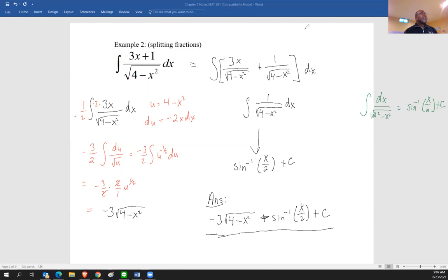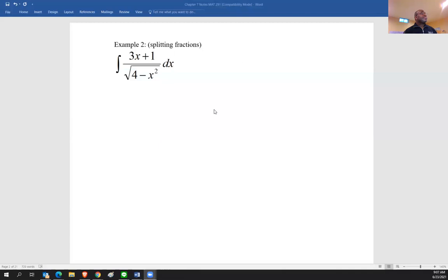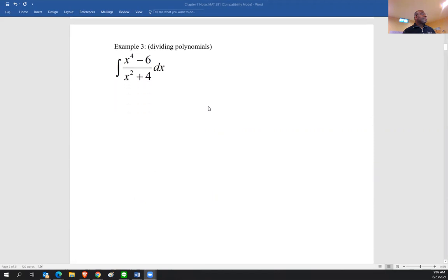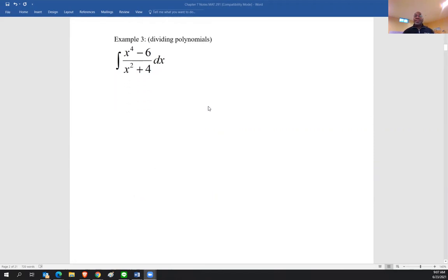All right, so let's take a look at another example. Now, one thing you'll probably notice is that a lot of these integrals that I'm showing you are fractions or rational expressions or pseudo-rational expressions.